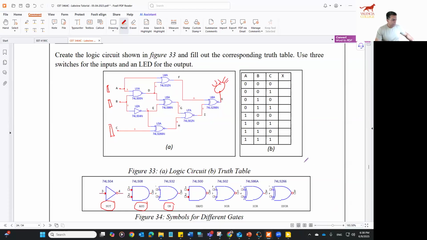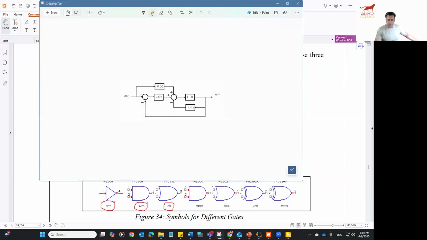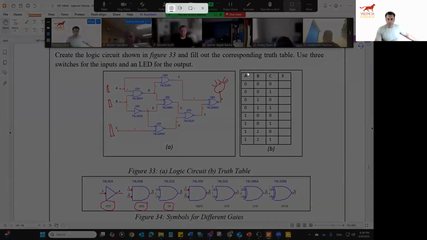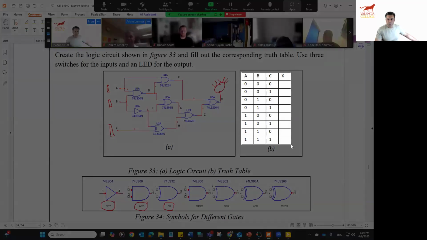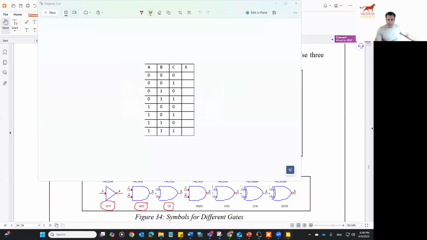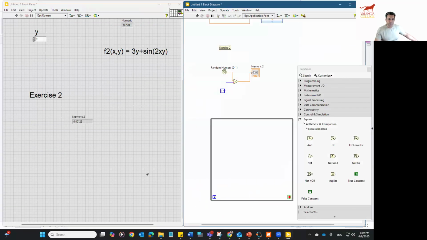Now what you can do, again, you can fill out the table and you can just snip this if you want right here, and put it in the front panel in the output of the exercise.